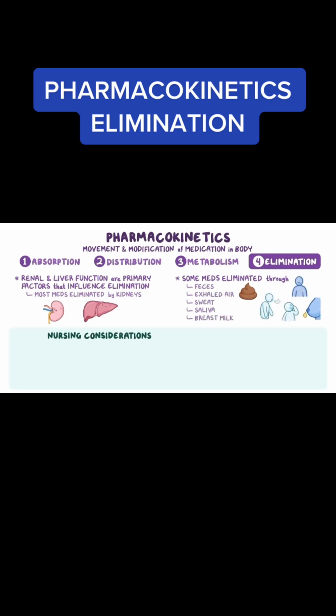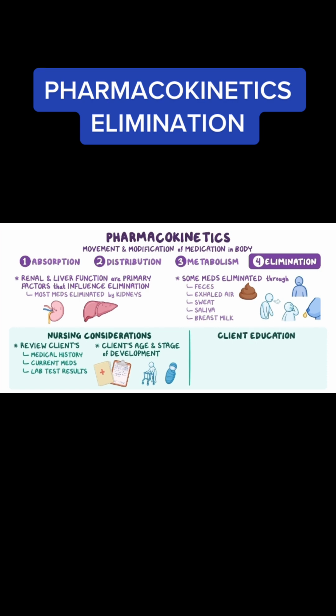Nursing considerations for medication elimination include reviewing the client's medical history, current medications, laboratory test results, and considering the client's age and stage of development. Client education focuses on recognition of medication toxicity and symptoms of renal and hepatic insufficiency, as well as safe medication administration when breastfeeding.